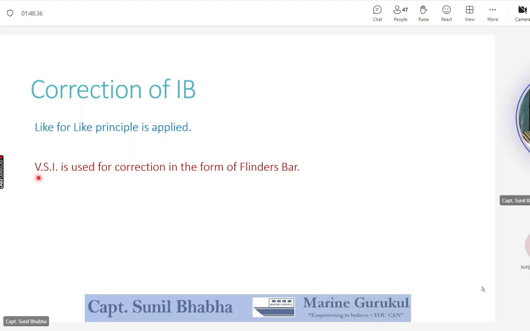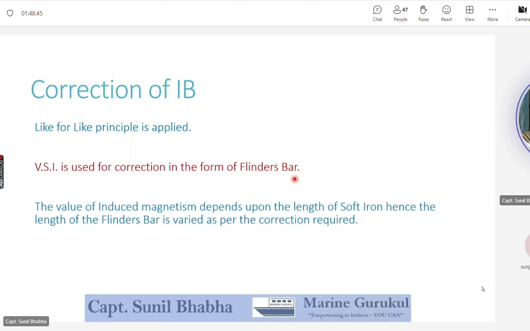So vertical soft iron is used for correction and it is used in the form of Flinders bar. The value of induced magnetism depends upon the length of the soft iron. Hence, the length of the Flinders bar is varied as per the correction required. I'll explain this to you in detail now.